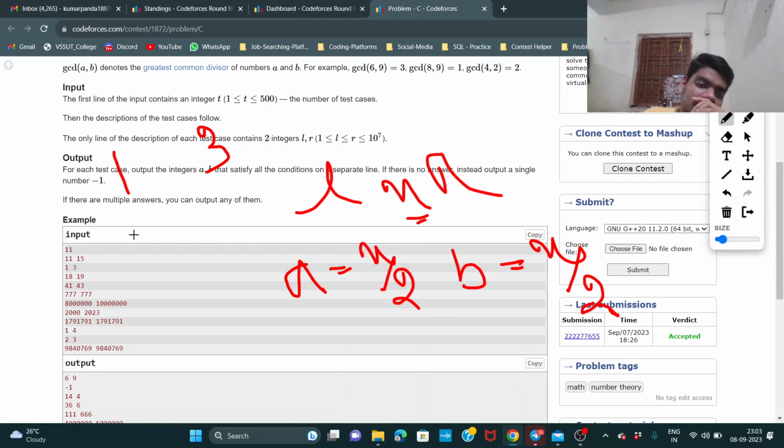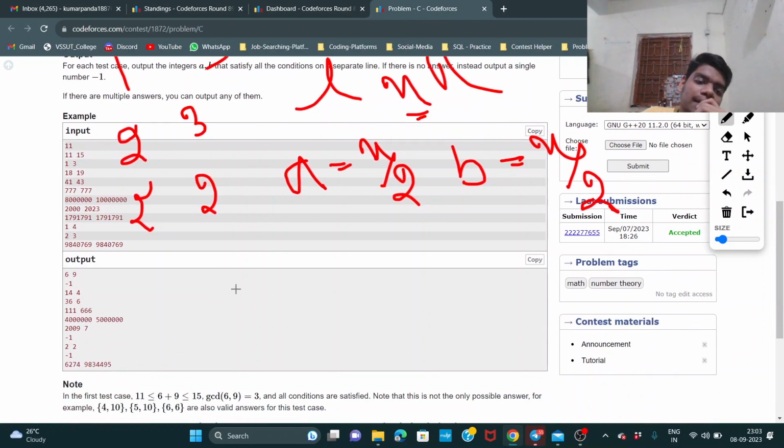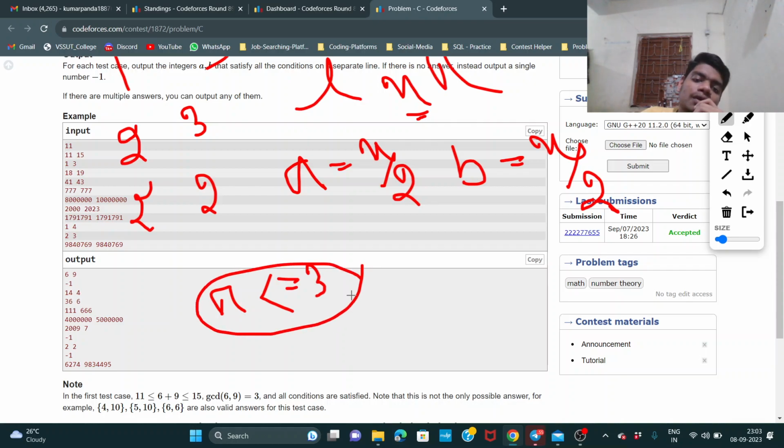And also if our range is 2 to 3, and the value of r is less than or equal to 3, then we cannot find any, obviously, there doesn't exist any even number greater than 2. So okay.